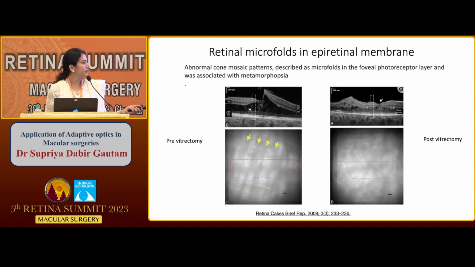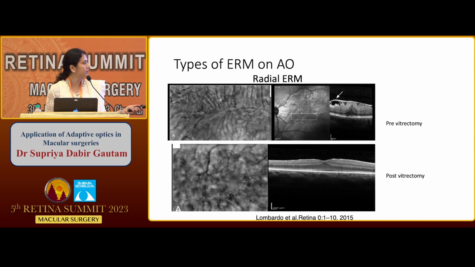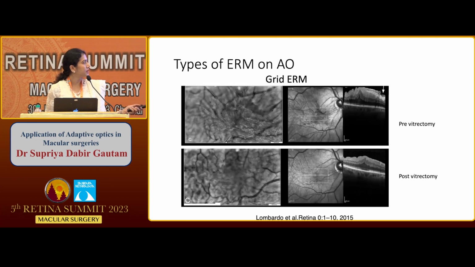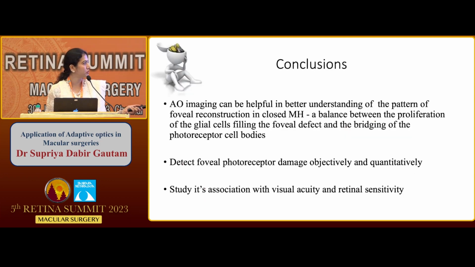We've looked at epiretinal membranes, and there are these microfolds which lead to metamorphopsia in these patients, and post vitrectomy you can see these microfolds disappearing. They've classified the epiretinal membranes as radial, depending on the morphology, as well as grid kind of epiretinal membranes, and this helps decide which patients have more metamorphopsia and how it looks post-surgery.